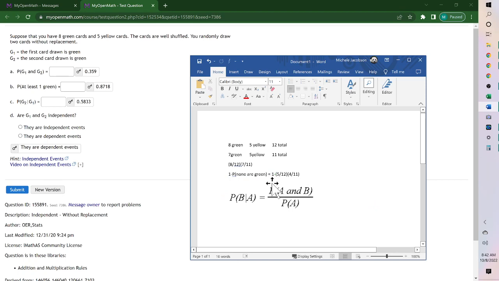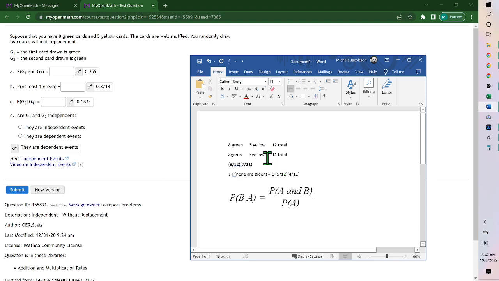So to take 1 minus the probability that none are green, if we go back here, the probability that, looking at the first group here, the top one, it's not green is 5/12.